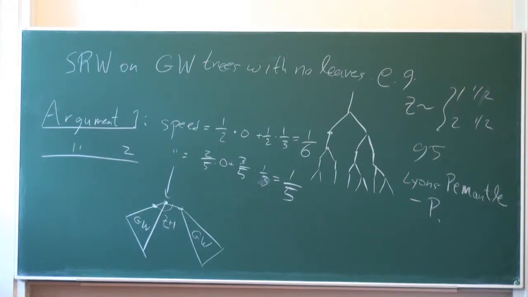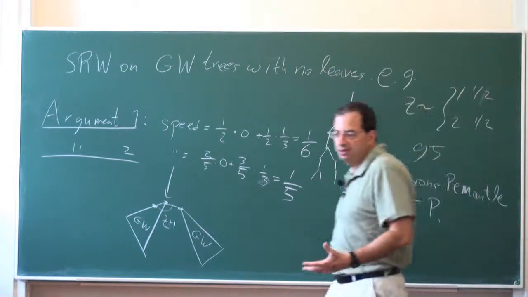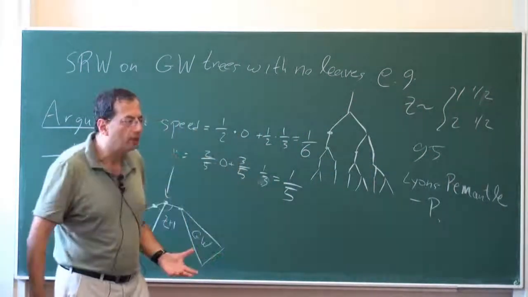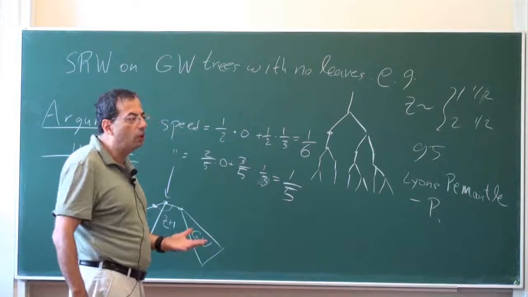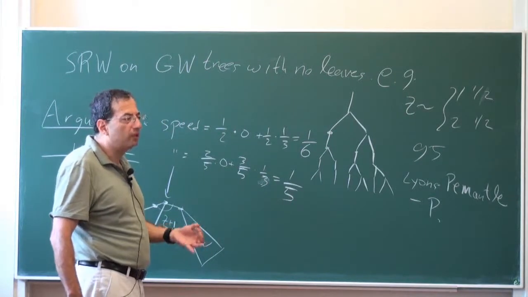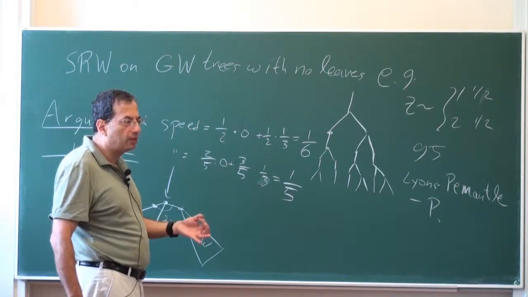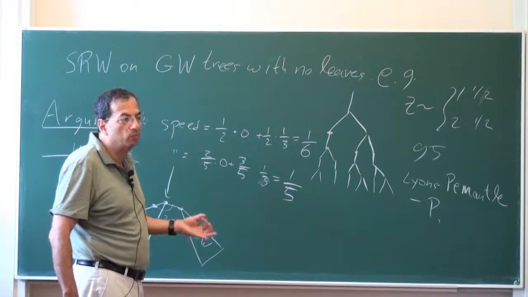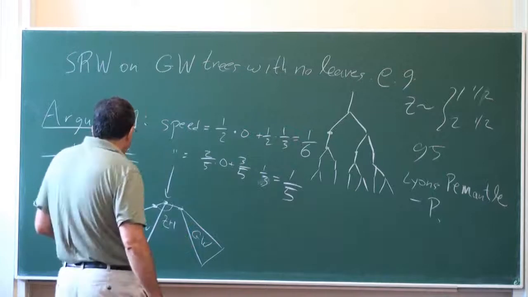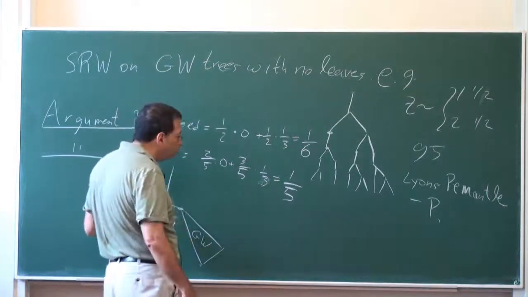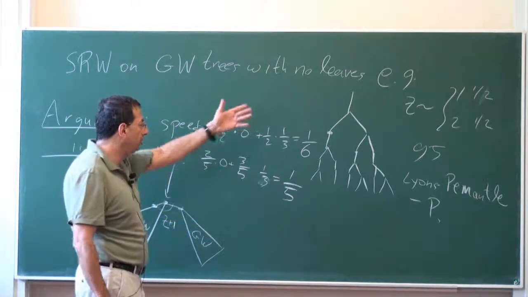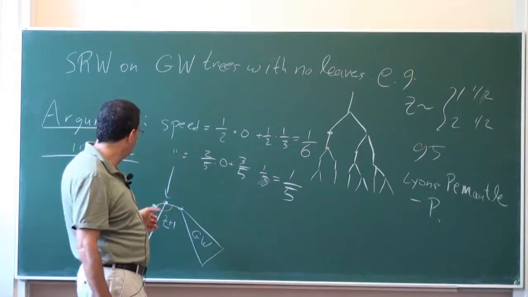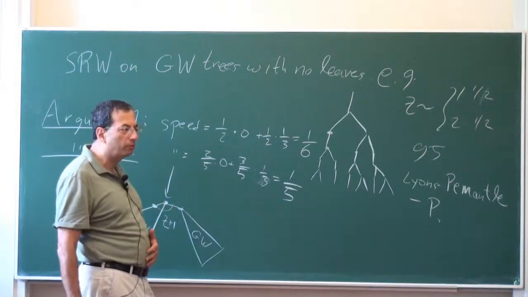Once you know that, then this argument with the drift can now be easily made rigorous, because from the ergodic theorem we know that the frequency of visits to different vertices is just given by the probability under this invariant measure once you verify the invariance. And indeed, under this measure, vertices have, in this case, degree 3 with probability half and degree 2 with probability half.